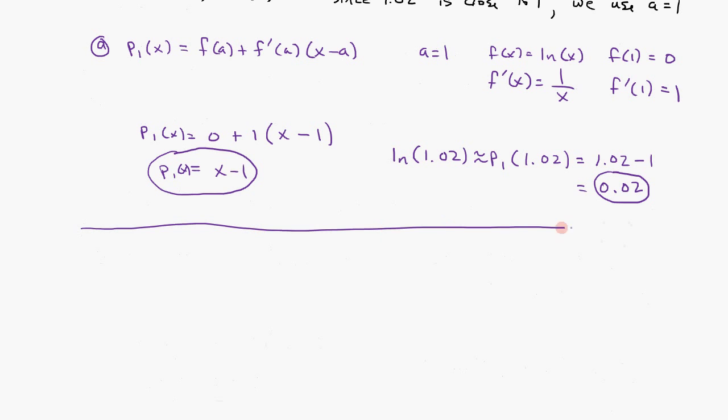So now let's take a look at the quadratic approximation. So the formula for P2 of x is f of a plus f prime of a times x minus a. So we have to go up to the second term, which involves the second derivative, and then 2 factorial is equal to 2.